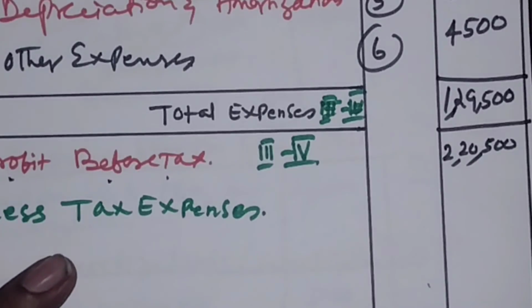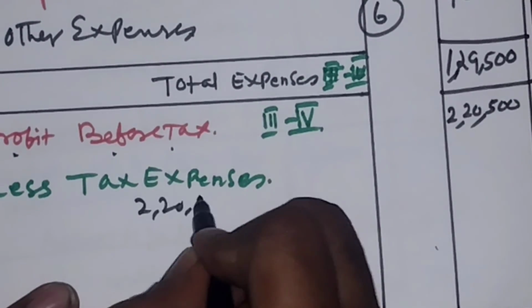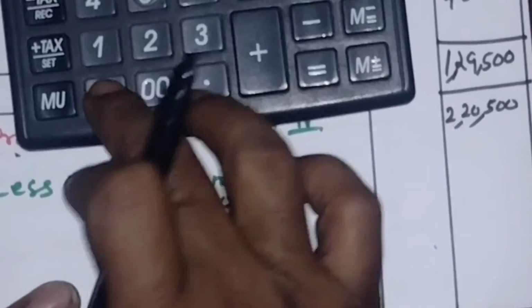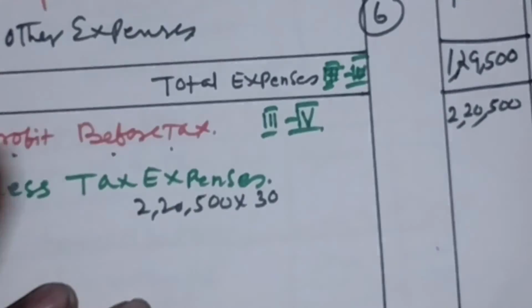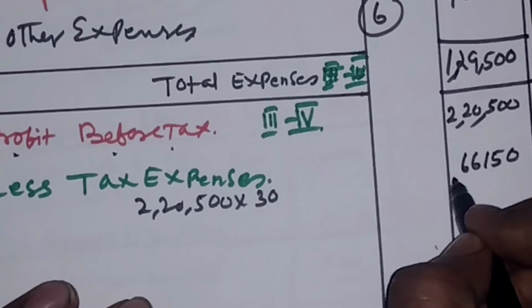Assuming now 30% is the tax on this 2,20,500, let me calculate 30% tax, it is 66,150.